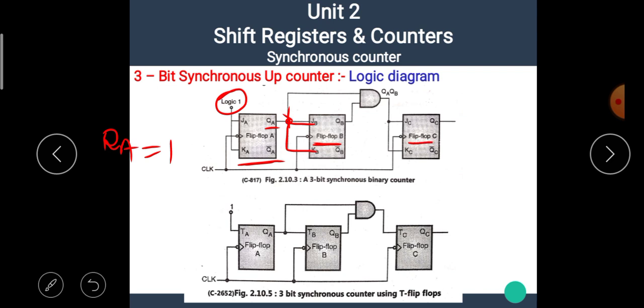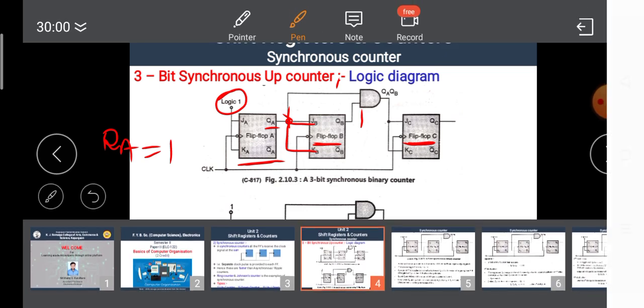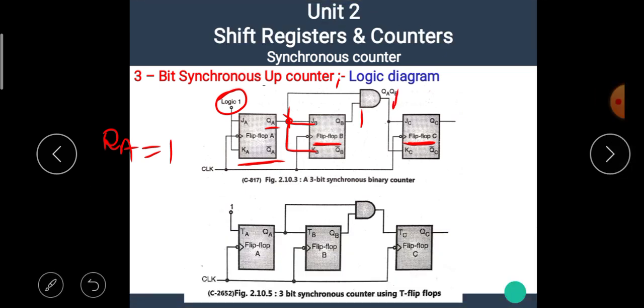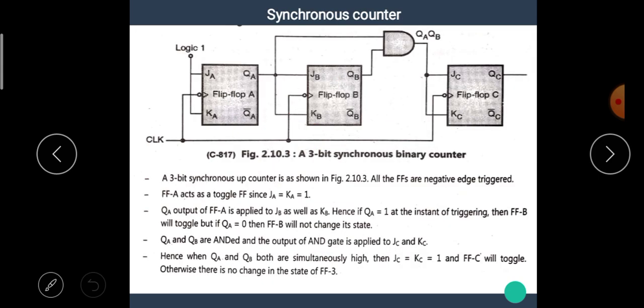Similarly, flip-flop C will toggle only when QA equal to 1 and QB equal to 1. Then and only then QA into QB becomes 1. Hence, flip-flop C will toggle. I hope you all understand the basic connection and concept of the synchronous up counter.